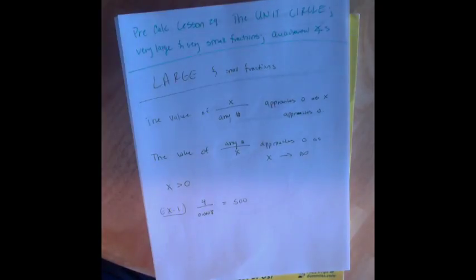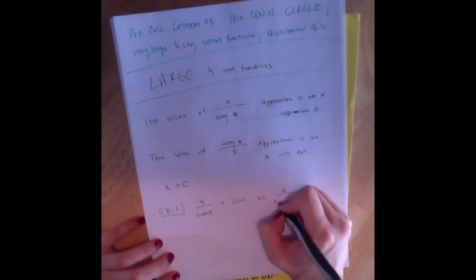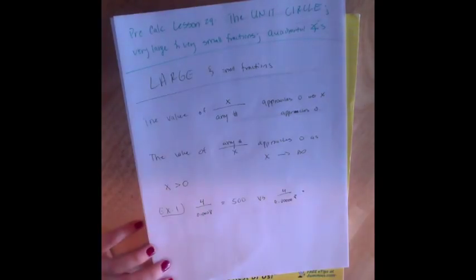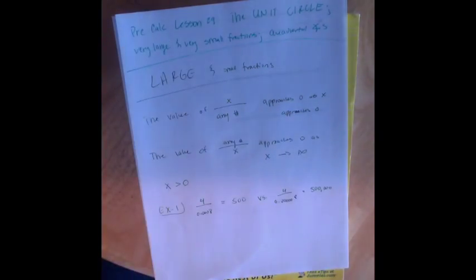It's going to give me 5,000. Versus if I had 4 over 0.00008, this is approaching 0 faster, at 50,000. Okay, just examples of large and small fractions.